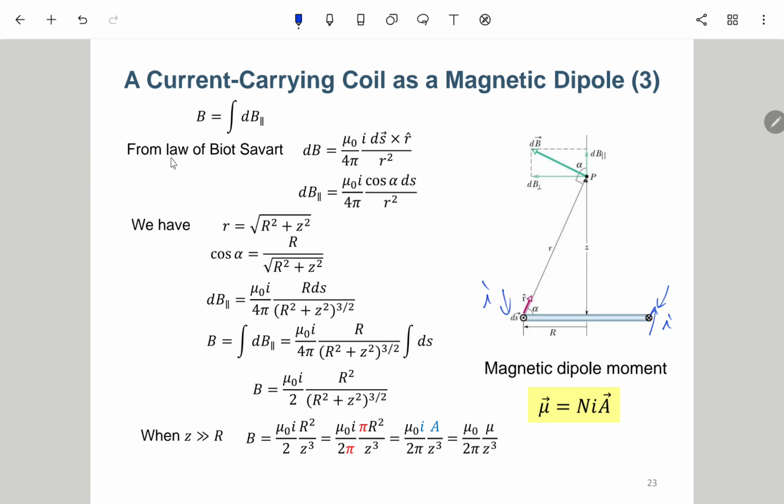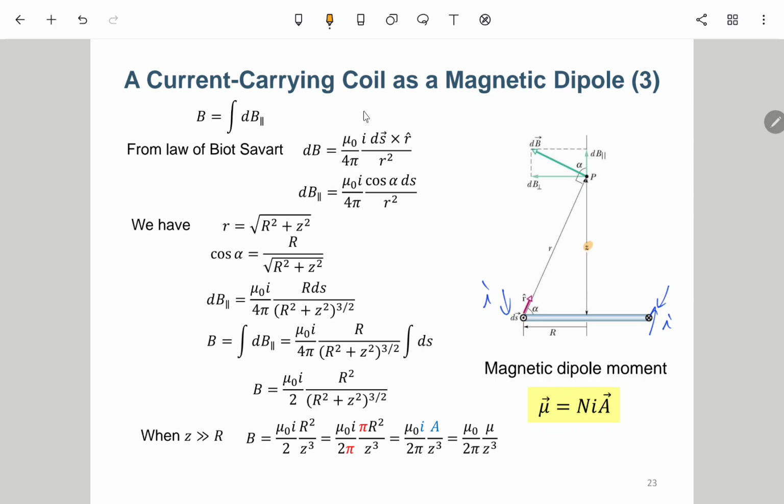For the Biot-Savart law, dB equals mu naught over 4 pi, I ds cross r hat over r squared. For example, this ds is pointing out of the page, this P is the point we are concerned with, and this z is a known variable, but r is not a known variable.